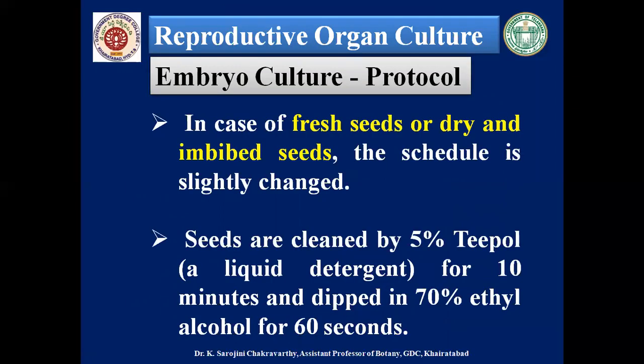But sometimes, in the case of fresh seeds or dry and imbibed seeds, there will be a slight change in the protocol. Here the seeds have to be cleaned with 5% TPO, that is a liquid detergent, for 10 minutes. Then wash them properly and dip them in 70% ethyl alcohol for 60 seconds.